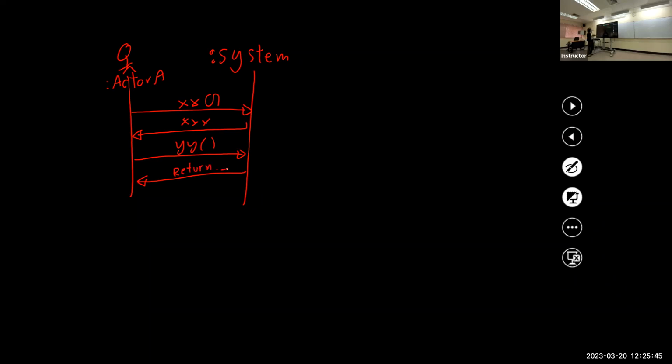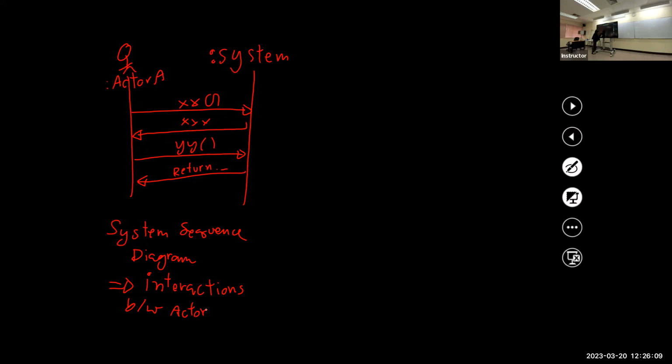And so on. So this is the system sequence diagram, which captures only the interactions between actor and system.